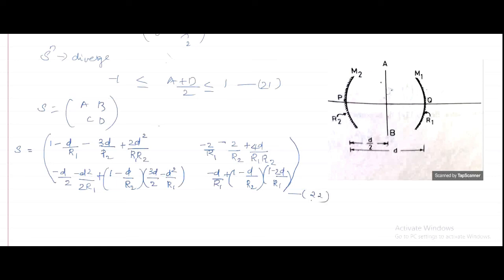So comparing equation 22 with this equation, we get A equals 1 minus d by R1 minus 3d by R2 plus 2d square by R1 R2.